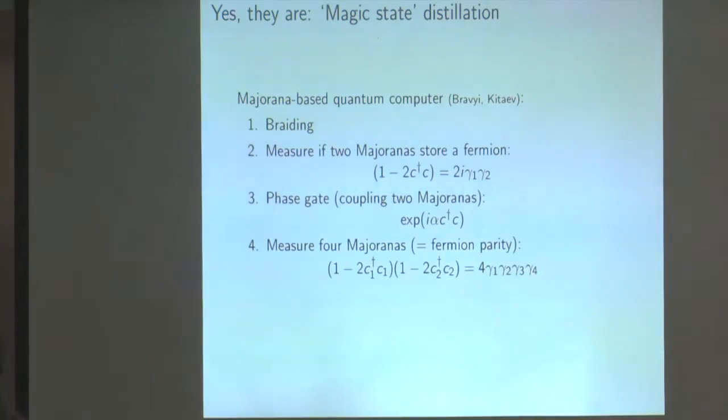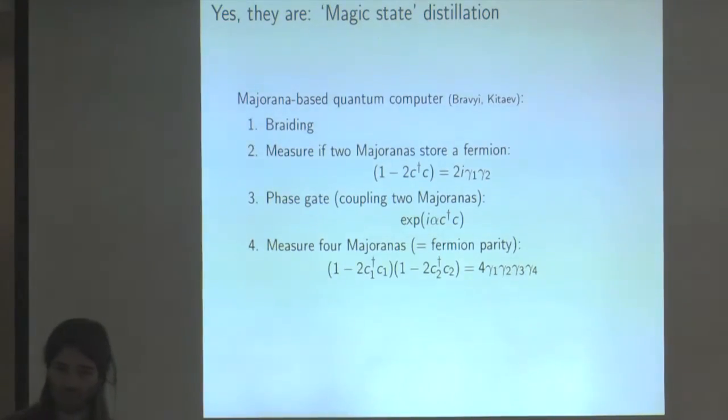So specifically, the constituent parts are the following: braiding, obviously, measuring a fusion result of two Majoranas, and the non-universal gate, that's the phase gate, and that's the one that enters the protocol, or the unprotected one. This one has a continuous parameter, and so this one will be susceptible to noise.